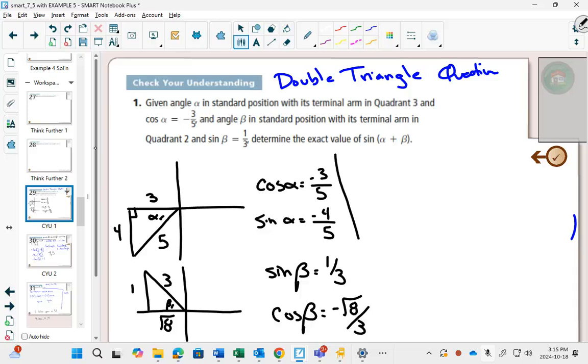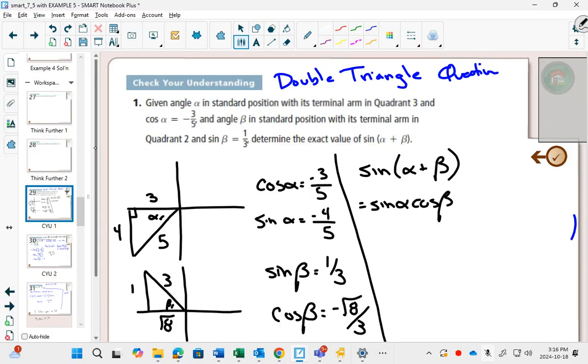And they want us to find sine of alpha plus beta. On our formula sheet, this is sine alpha cos beta plus cos alpha sine beta.